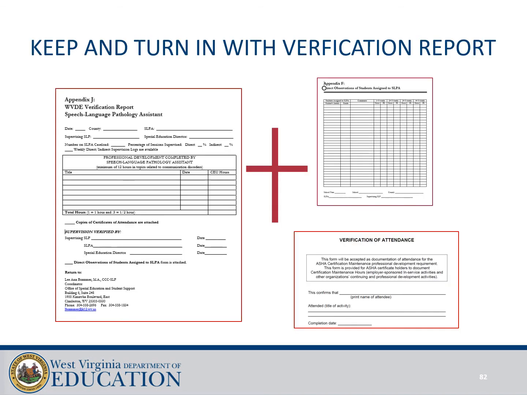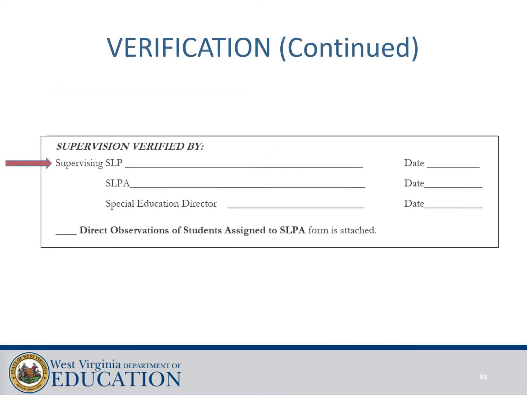Double check and make sure that you have the verification report completed, that you have your direct observations of students assigned to the SLPA completed for the entire year, and all certificates of attendance. You would provide verification of your supervision by signing and dating the form.